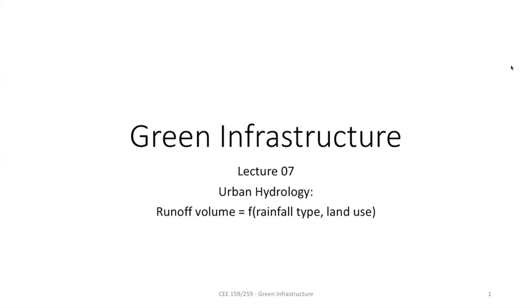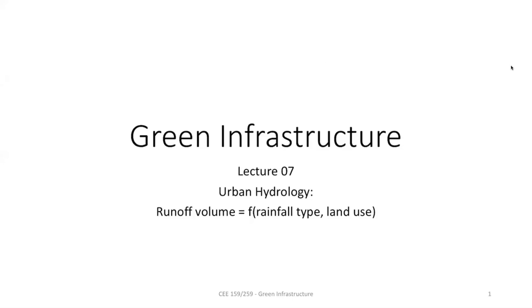Right, so this is lecture 7, week 4, almost halfway. So far we are learning different techniques of green infrastructure, at least the background materials. We learned a little bit more about what different pollutants are present in stormwater. Then we learned about the pollutant transport processes.